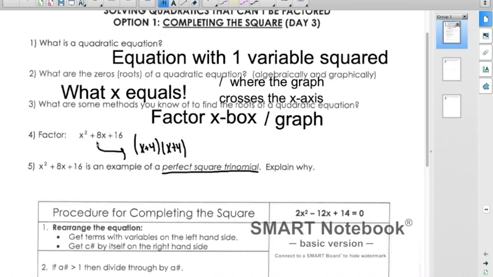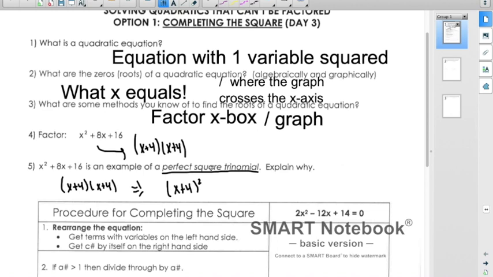Notice how when we factored this out, we got x plus 4 and x plus 4, which can be written as x plus 4 squared.